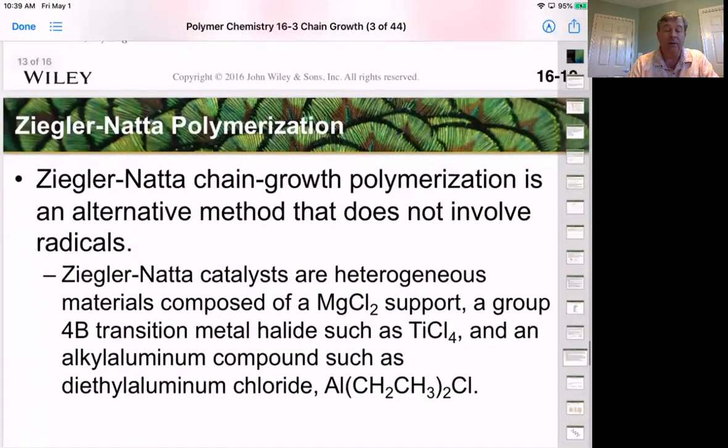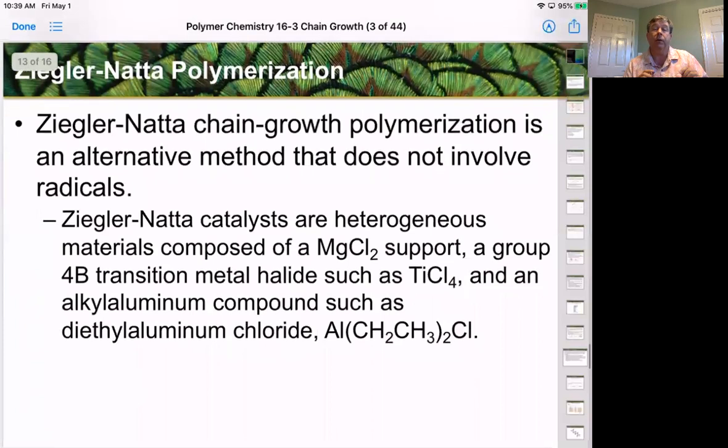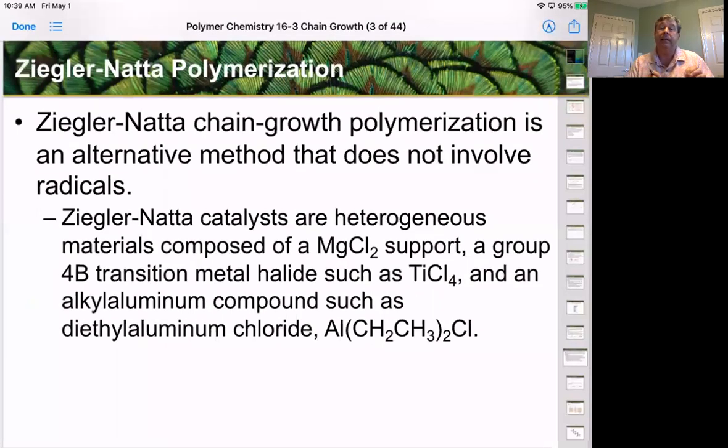Now, one way they learned to control it is by using what they call a Ziegler-Natta catalyst system. In the Ziegler-Natta catalyst system, it does not involve a radical. So by taking away that radical, it's taking away that backbiting, and therefore you get perfectly long chains without that backbiting or that transfer of branching groups, and therefore we can get to high density polyethylene.